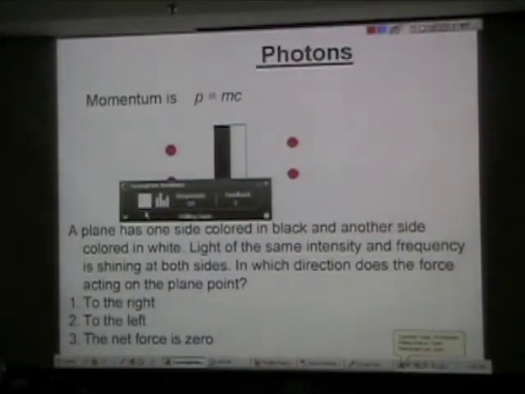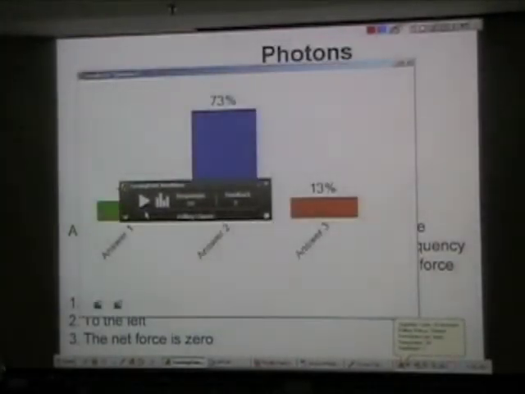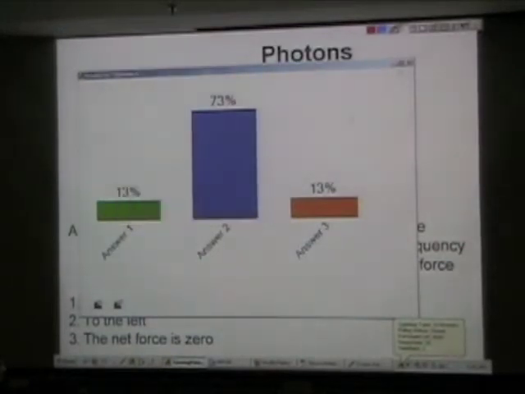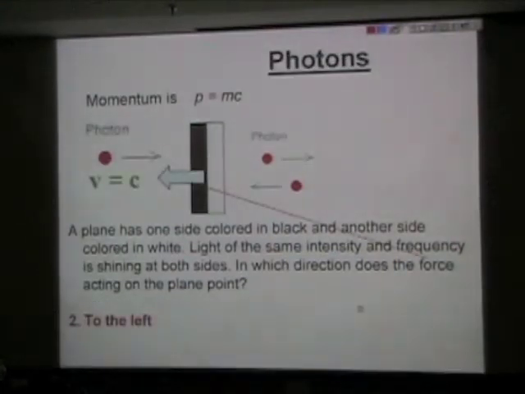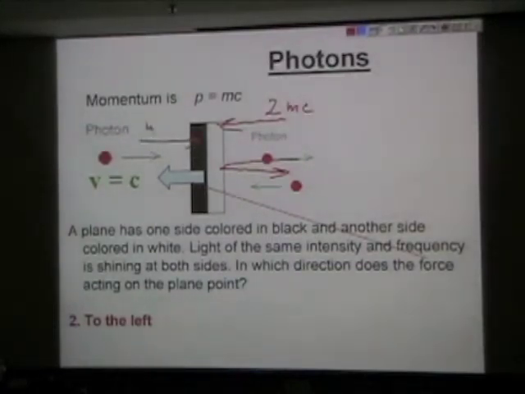Okay. Number 2. What's number 2? Left. Of course, because we know from mechanics when a particle bounces back off the surface, it transfers twice the momentum which is transferred when the particle is absorbed.